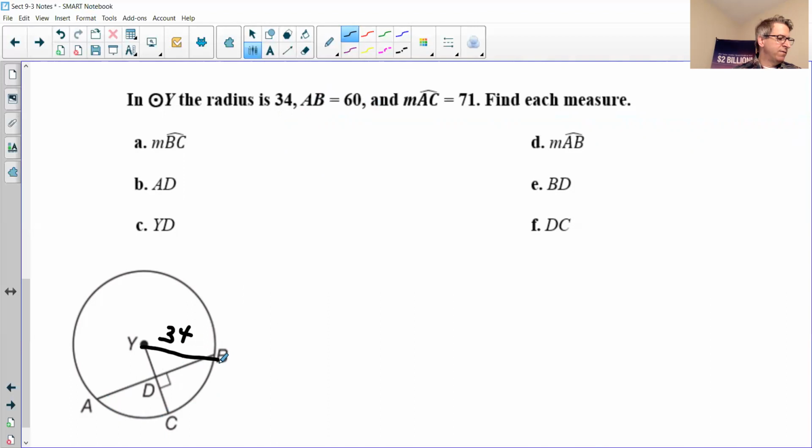And this is A, B is 60, which is this arc here. Okay, so this is 30. And this is 30. Okay. So then we're going to look at the measure of AC is 71.